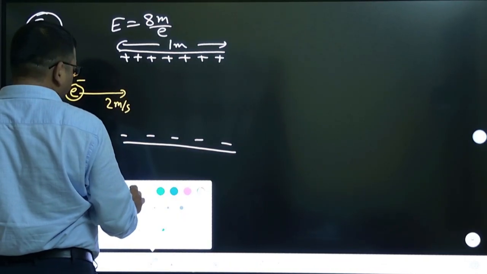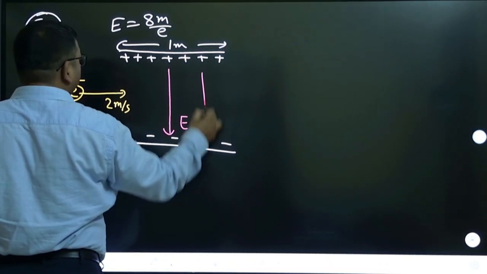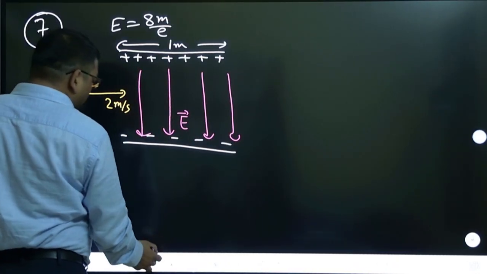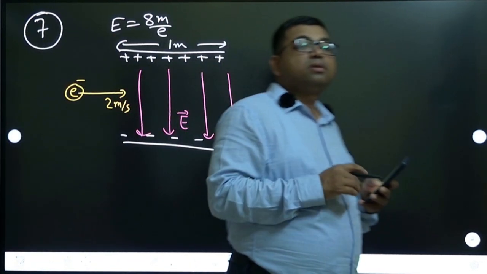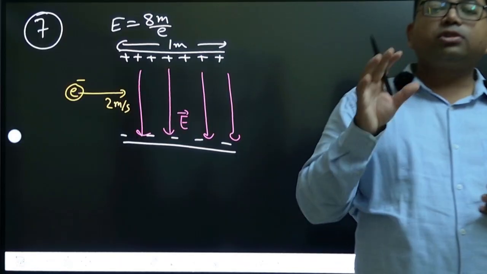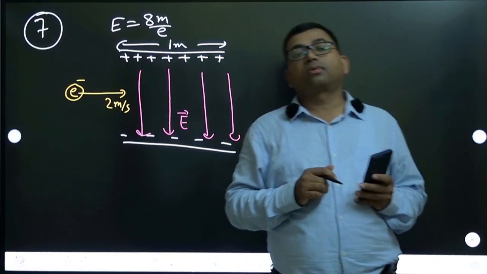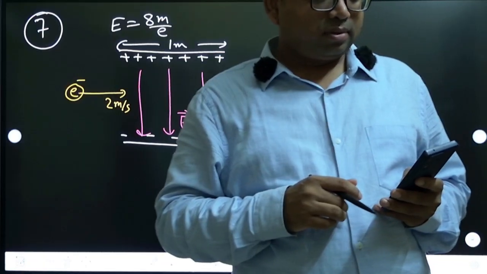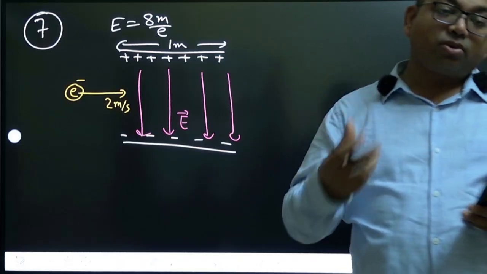Which direction is the field? The field is from positive to negative. This is the direction of the field vector, right? The electron is a negative charge. Which direction will it get force? Will the electron move opposite to the field or towards the field?